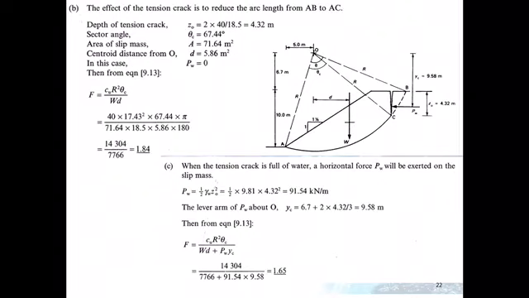Then finally, when the tension crack is full of water, you have to calculate PW. PW is half gamma water times Z naught squared, which is half times 9.81 times 4.32 squared.